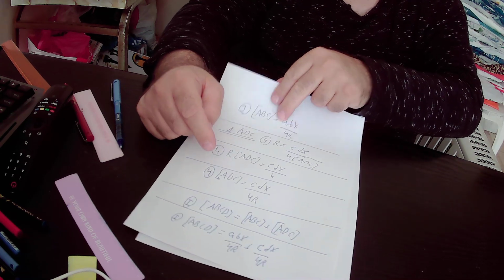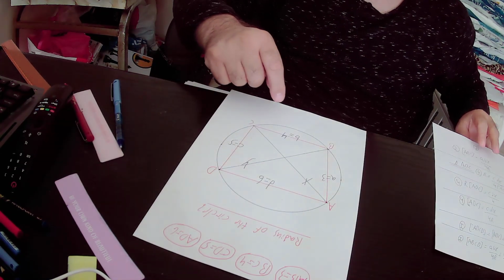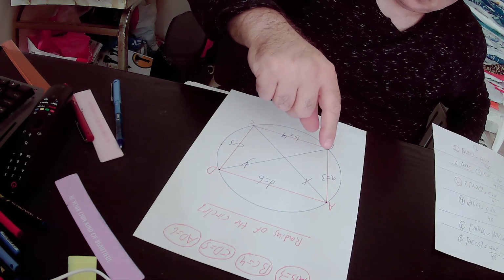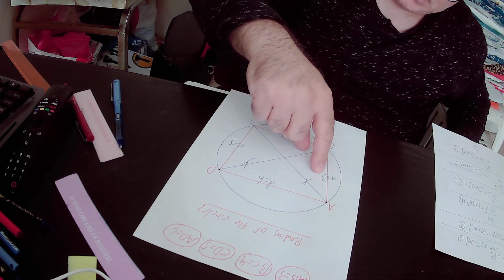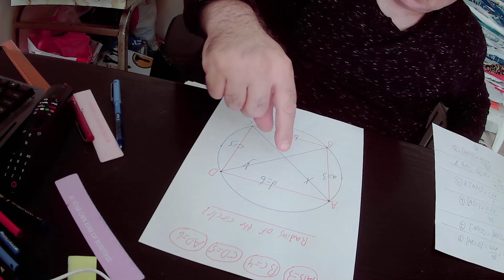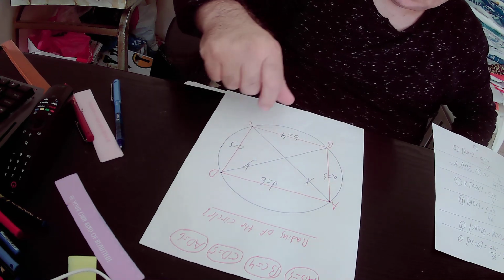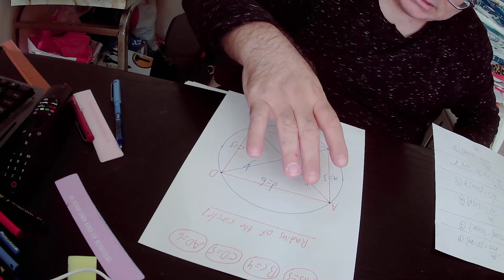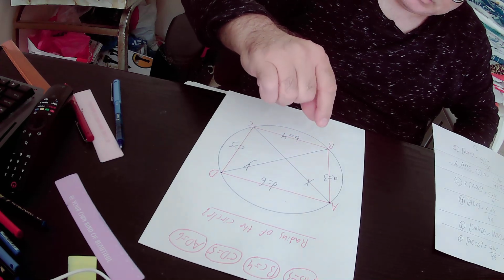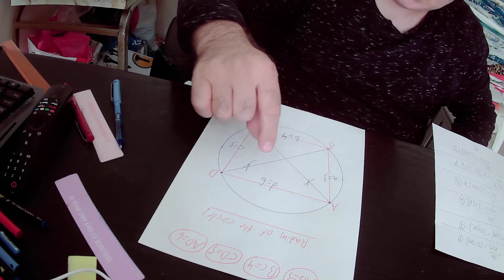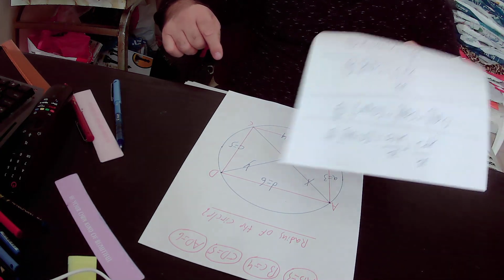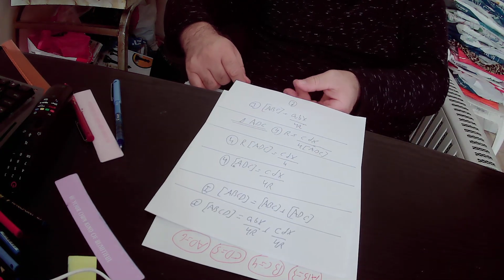But we know that if we combine triangle ABC with triangle ADC, we get the quadrilateral ABCD. Therefore, the area of quadrilateral ABCD will be equal to the area of triangle ABC plus the area of triangle ADC.